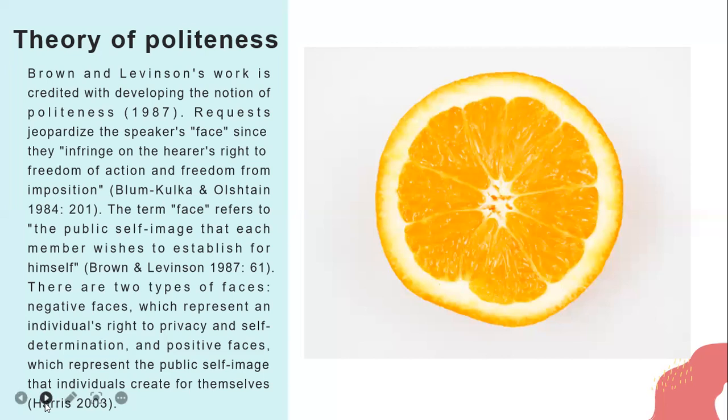In both American and British English, conventionally indirect tactics receive the greatest politeness score rather than hints. According to Brown and Levinson, the most important effects on selecting the right request form are social distance, power, and the degree of imposition.